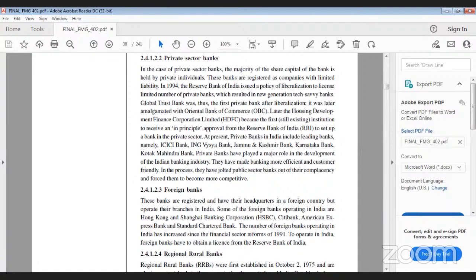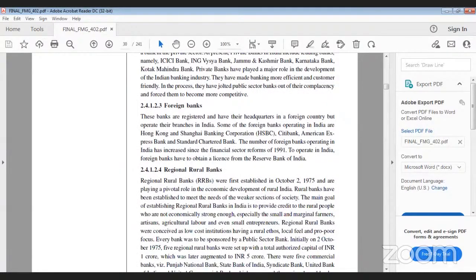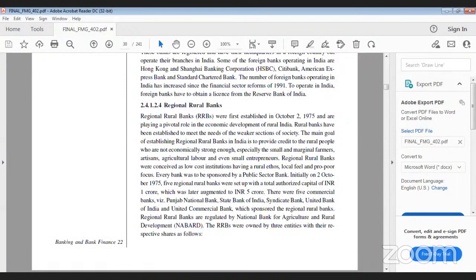The number of foreign banks operating in India has increased since the financial sector reforms of 1991. To operate in India, foreign banks have to obtain a license from the Reserve Bank of India.